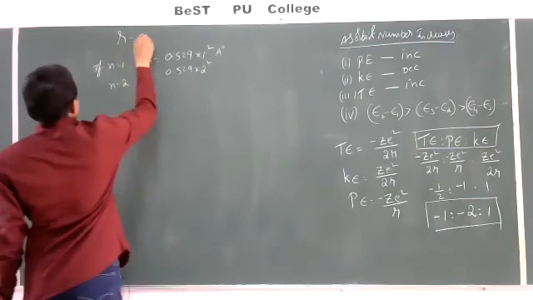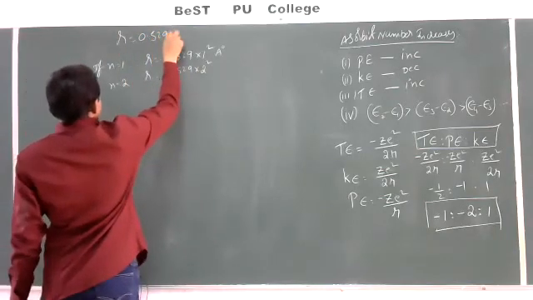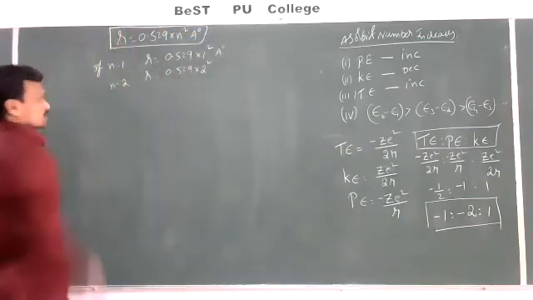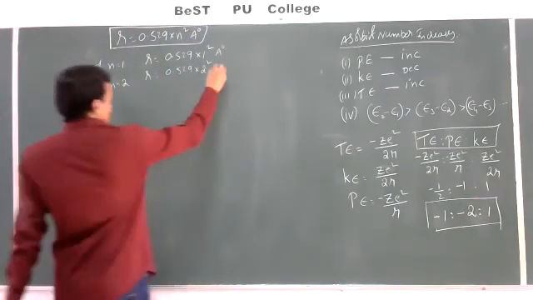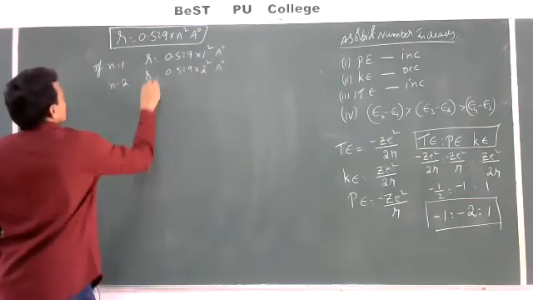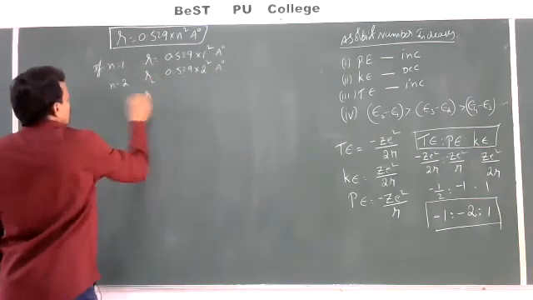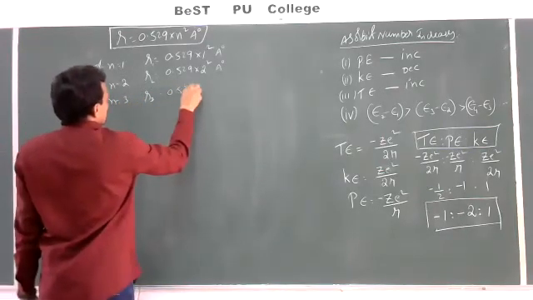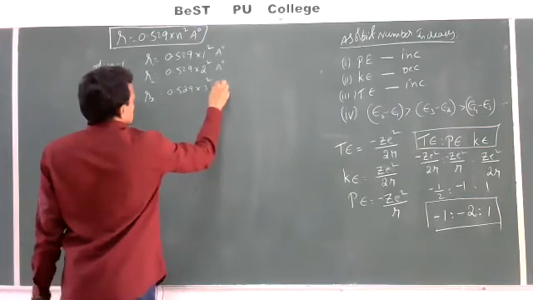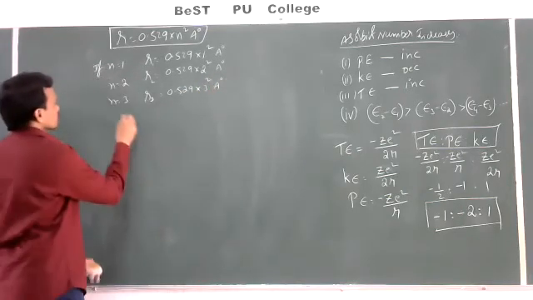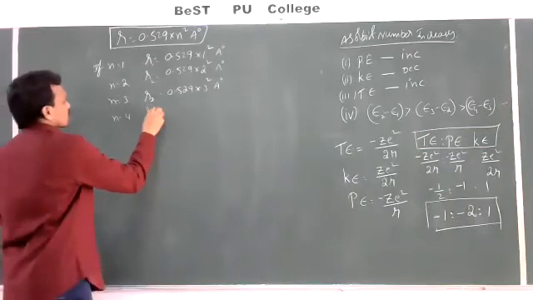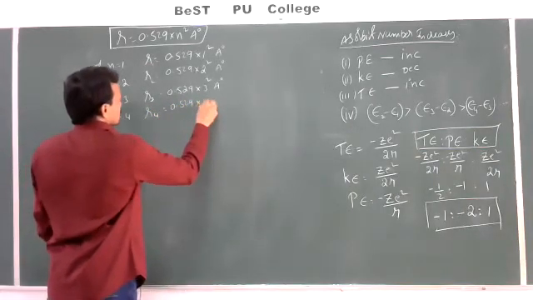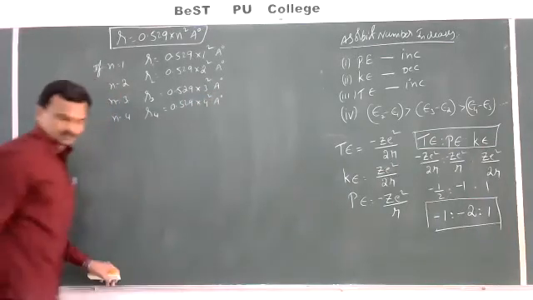This is the formula for the radius of the orbit: r = 0.529 × n² angstroms. If n is equal to 3, then R3 is equal to 0.529 into 3 square angstroms. If n is equal to 4, then R4 is equal to 0.529 into 4 square angstroms.